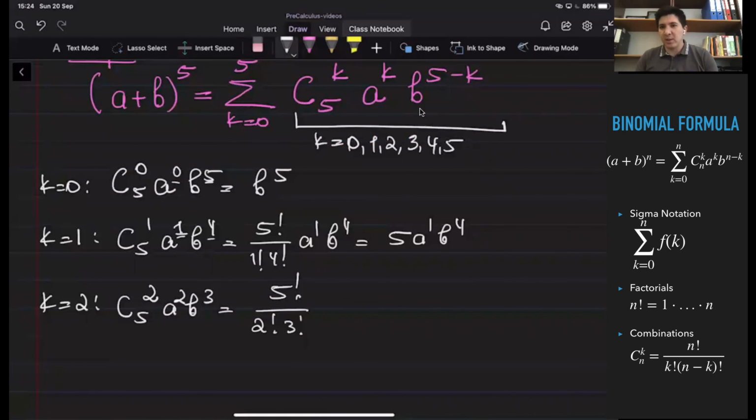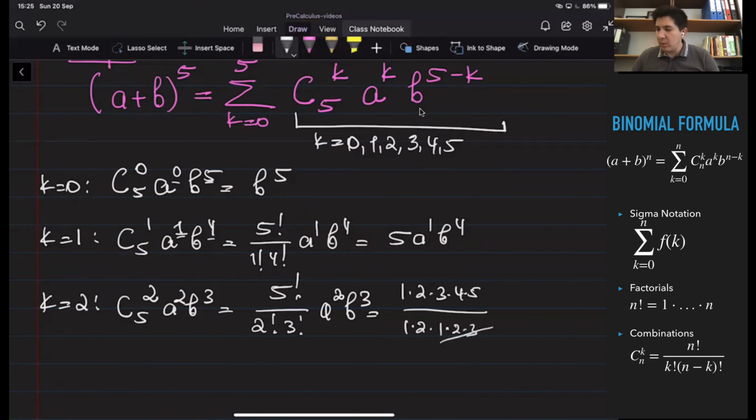It was equal to 10. Or we can do this one more time as well. It's a multiplication of 1, 2, 3, 4, 5, and here we have 1, 2 times 1, 2, 3. We can cancel these terms, and 20 over 2 is going to be 10. So it's 10 a squared b cubed.